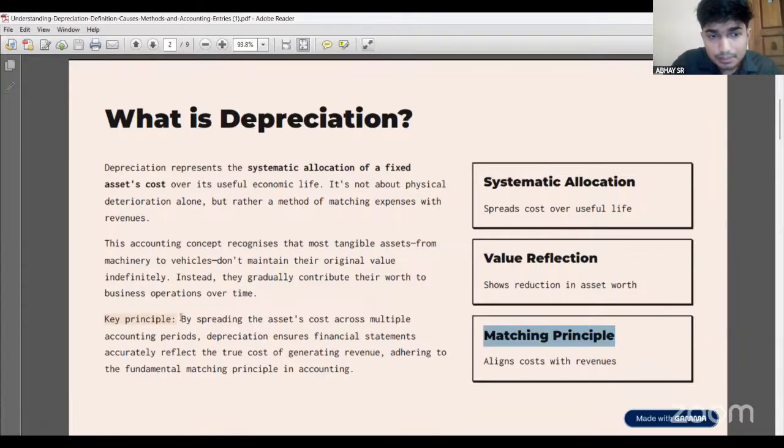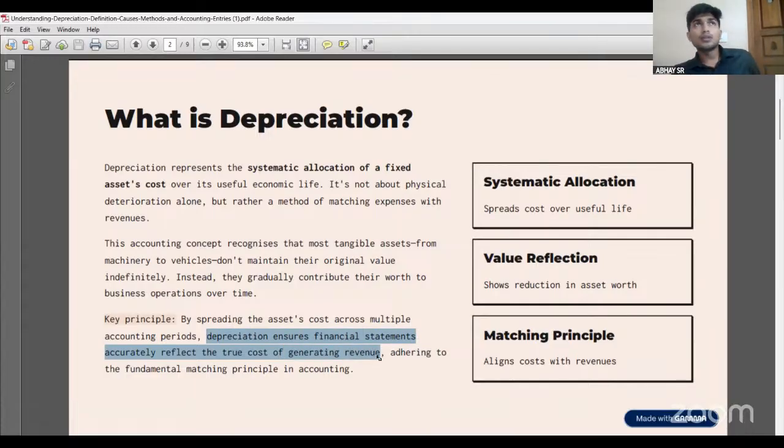The key principle of depreciation is spreading the asset's cost across multiple accounting periods. In finance, the exact, accurate amount is really important. So in every accounting period, if we post the depreciation in a correct way, the exact profit would be allocated. Depreciation ensures financial statements accurately reflect the true cost of generating revenue.